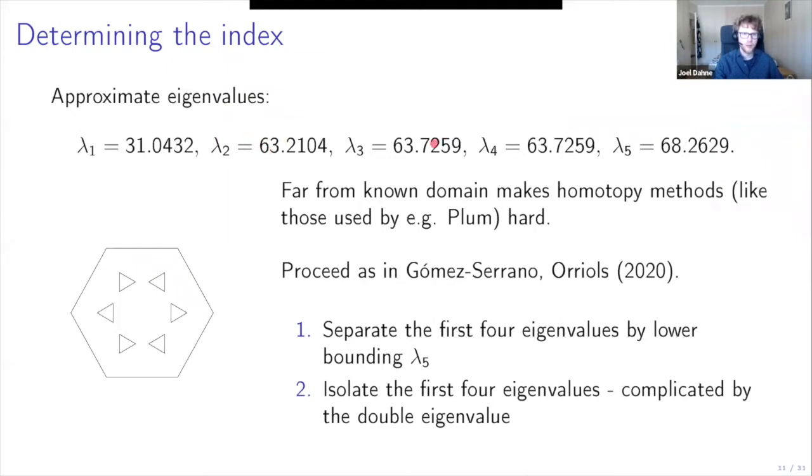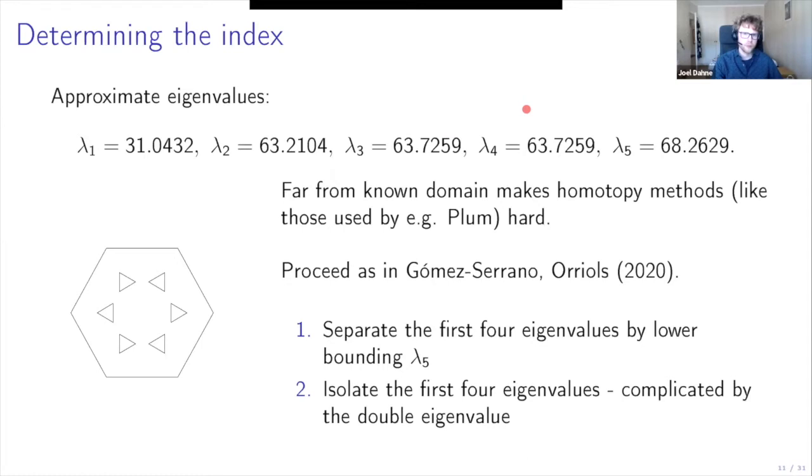One is that it's very close between the second and the third. So you see between these two we have quite a bit of distance, but here it's a lot closer, and this will lead to some complications. Also, the third and fourth eigenvalue seem to be a double eigenvalue. These are numerics, so it's not for certain, but at least they are tightly clustered, and this is also complicated to deal with.